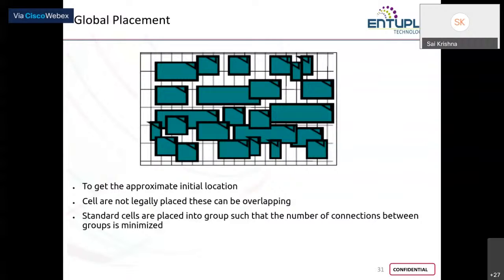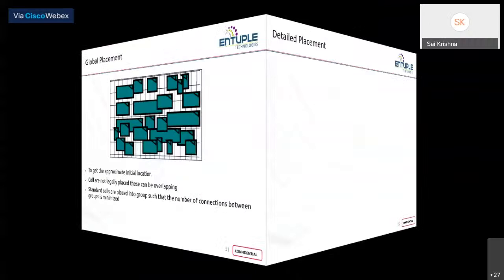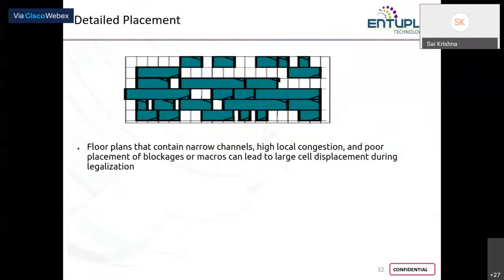We only place the cells in a rough manner, and see how close or how much better the timing is for various permutations and combinations. The permutation and combination which gives you the best result is taken, and then detailed placement happens, wherein every cell is legalized.